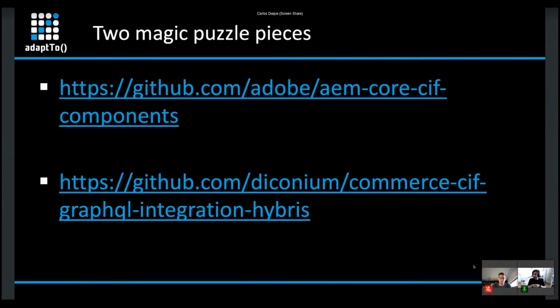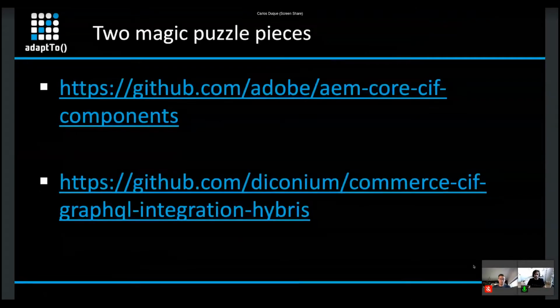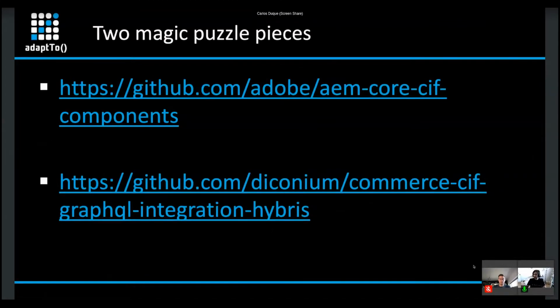What you will find on GitHub connects the completely out-of-the-box Hybris system with the demo shop to the out-of-the-box CIF core components. Of course, it's extendable, and if you have something that's not in the out-of-the-box implementation, you can always extend the connector, or the middleware that transforms both things.